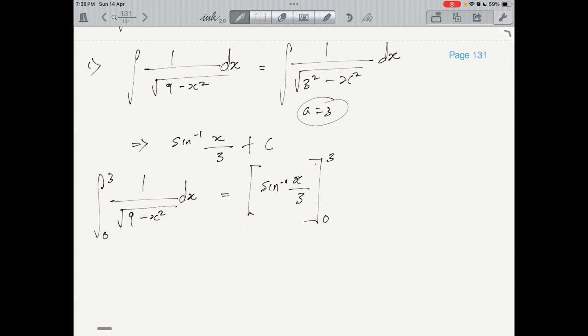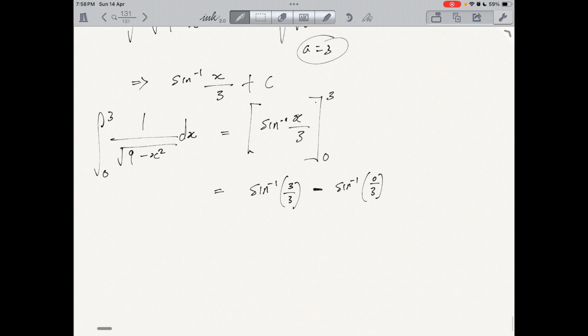Therefore, we apply our upper limit, that will be arc sine of 3 over 3 minus our lower limit, that is arc sine of 0 over 3. Now this is arc sine 1 minus arc sine 0. And plugging it into our calculator, we will have pi over 2. Arc sine of 0 is 0. So the answer is pi over 2.